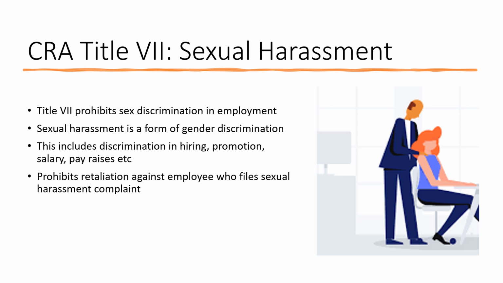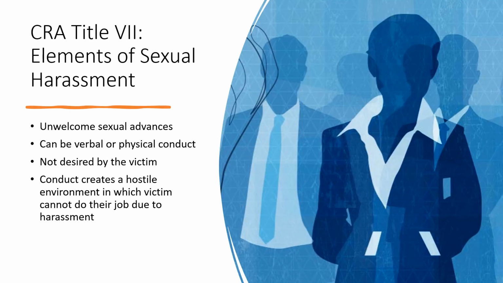So employers are not allowed to fire, demote, or withhold pay from someone who files a sexual harassment complaint in the organization. The Civil Rights Act Title VII also outlines some elements of sexual harassment. This can be unwelcome sexual advances, verbal or physical conduct, which are not desired by the victim, and the conduct creates a hostile work environment in which the victim cannot do their job.